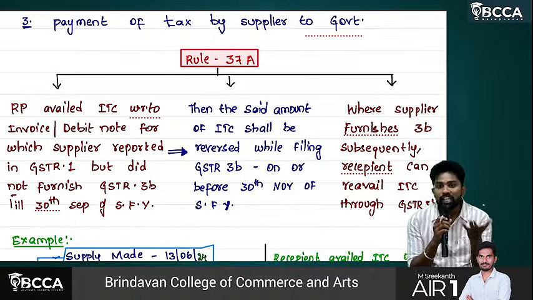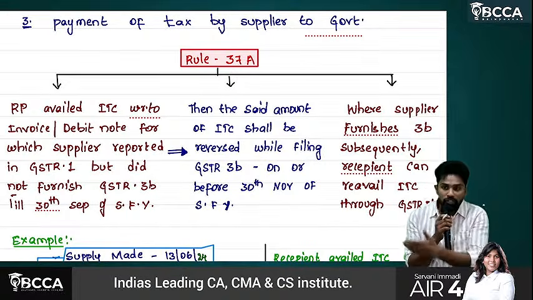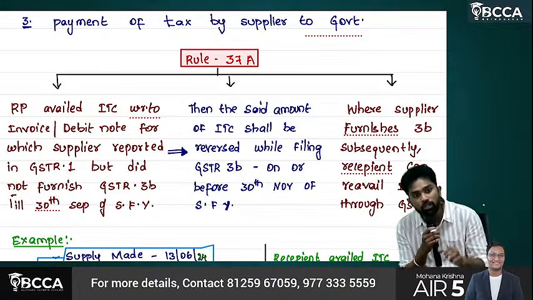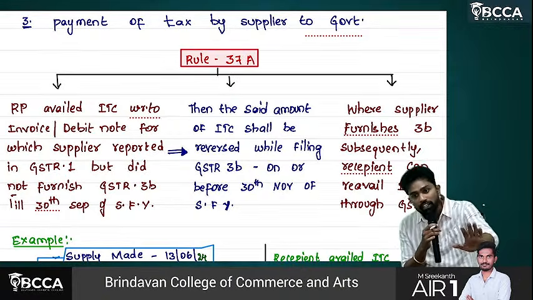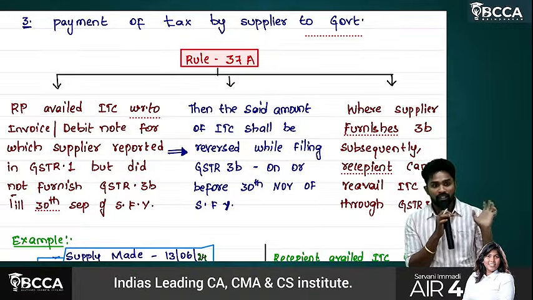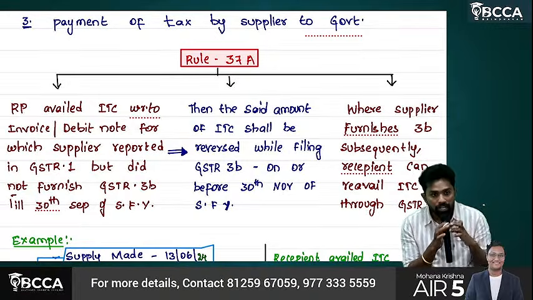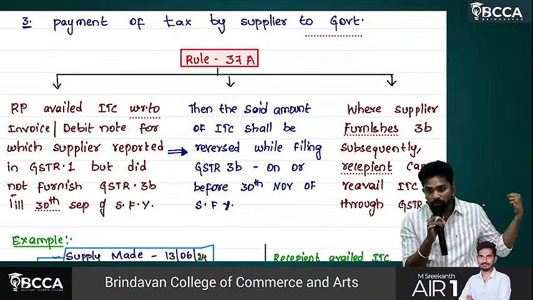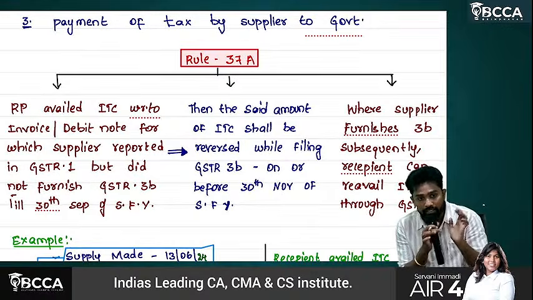Sir, with 1 there is no tax compliance and all. You just show invoices, I'll get ITC. With 3B only you have a problem, because through 3B only you have to pay taxes. You filed 1, not filing 3B. But based on your GSTR 1, I availed ITC and I am enjoying ITC also, but the government is losing, because the government didn't get any tax amount, but it is providing ITC.